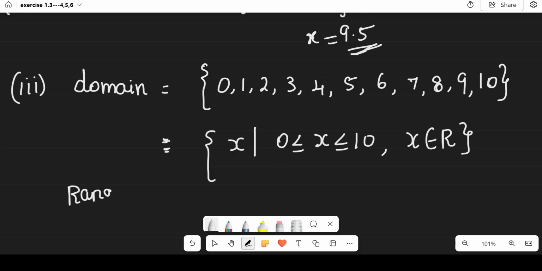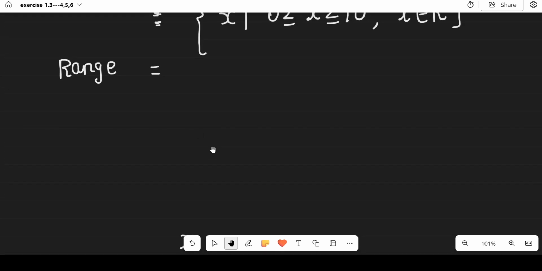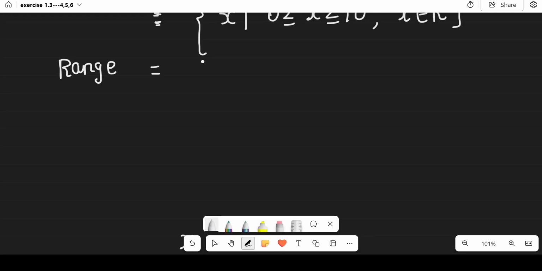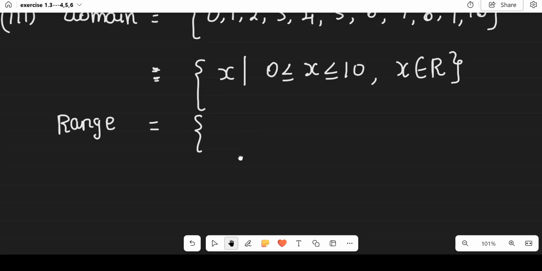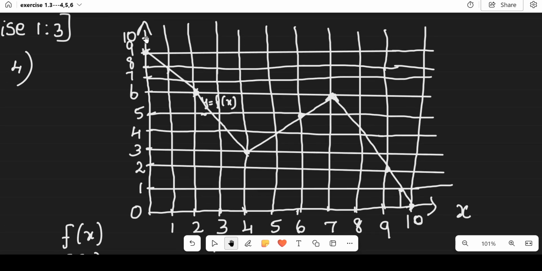Range is nothing but writing the elements of the second set that should have the relation. So in the graph, what would be the range? Here in the y-axis, these are the second set elements. We have 0 to 10 elements, but the relation would be only from 0 to 9.